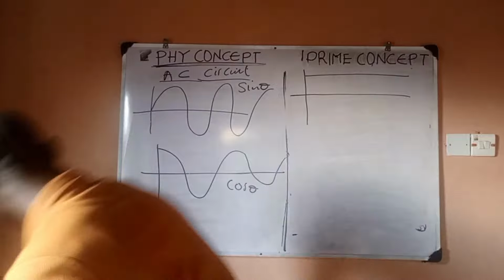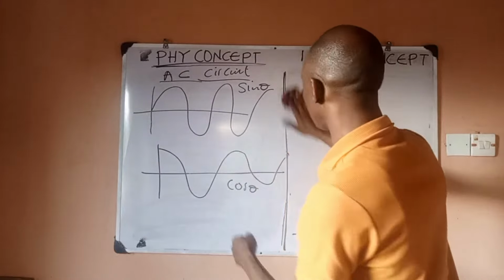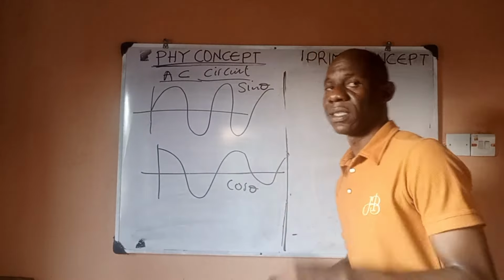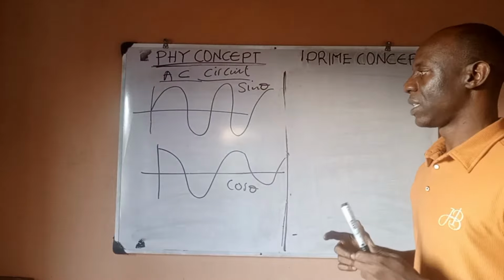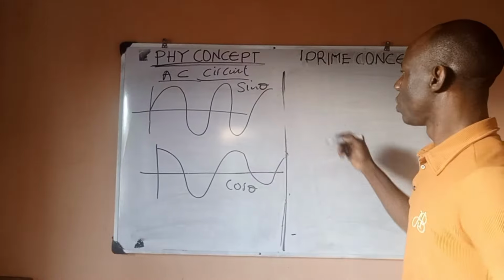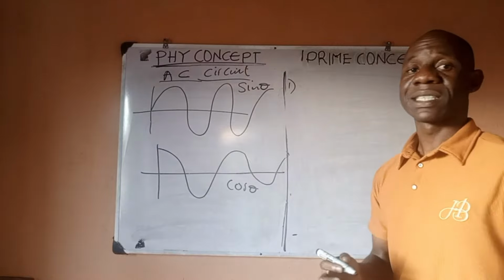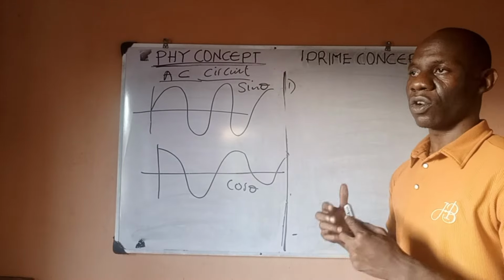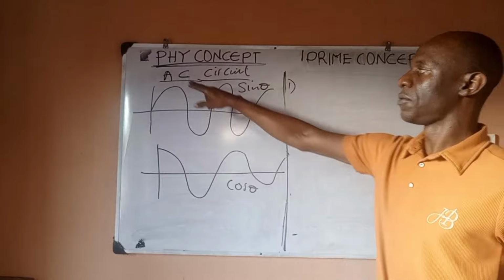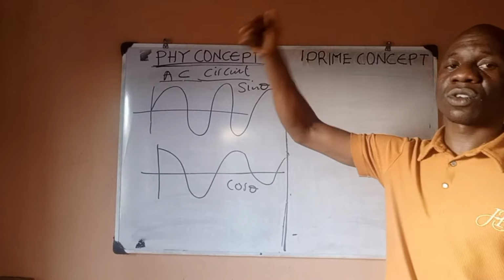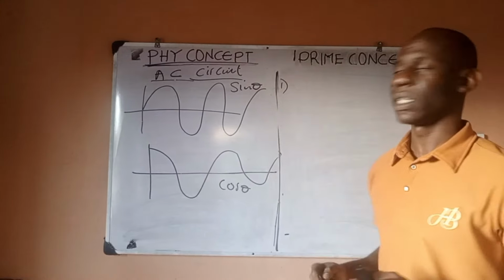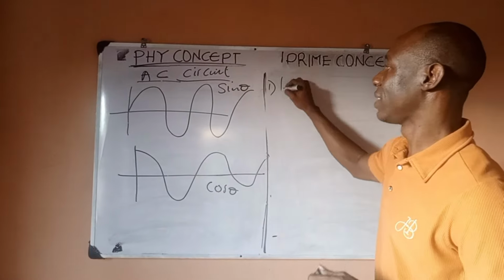Now, there are certain terms you should know when dealing with alternating current. Number one is instantaneous voltage or current. AC does not just refer to current, it refers to current and voltage.